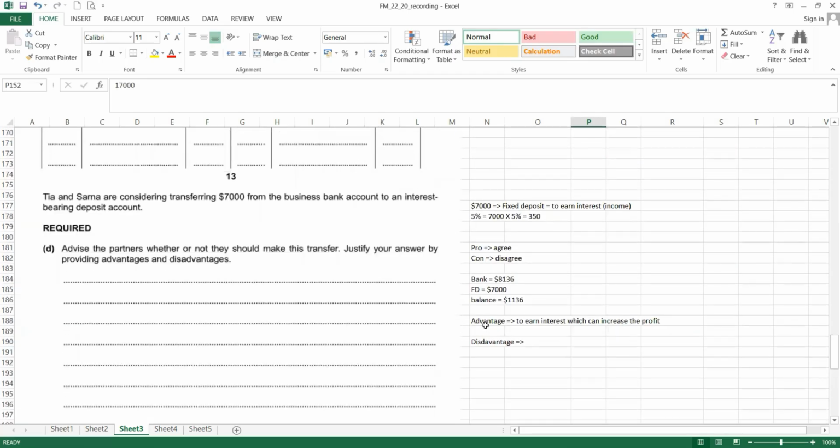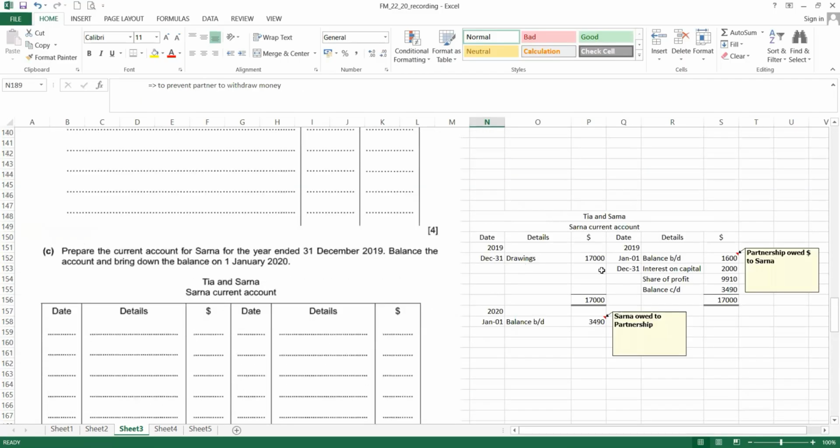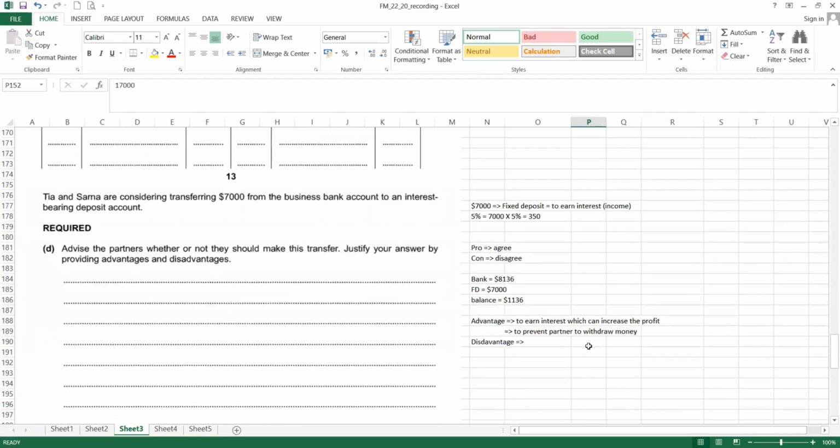So one of the advantage that you can think about is to prevent partner. Don't say who, just say partner. To prevent partner to withdraw money. That is an advantage if you want to talk about, because from here I saw this is not good because you not earn so much, but yet you take so much.